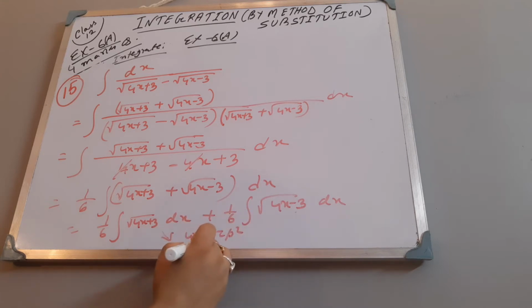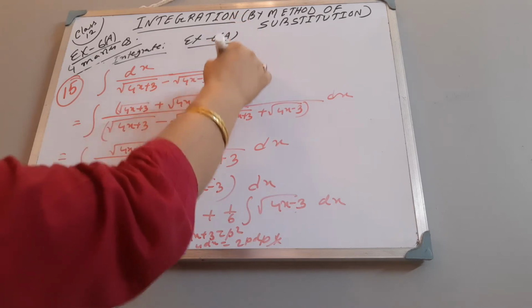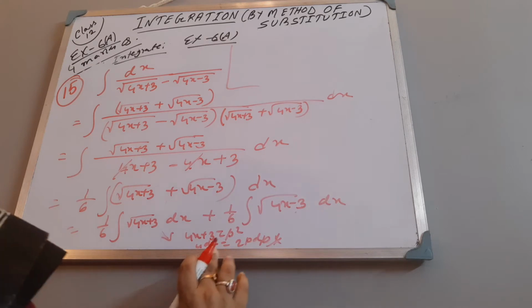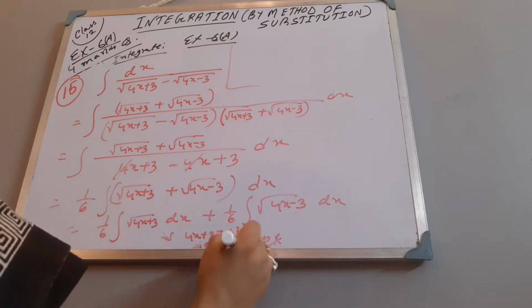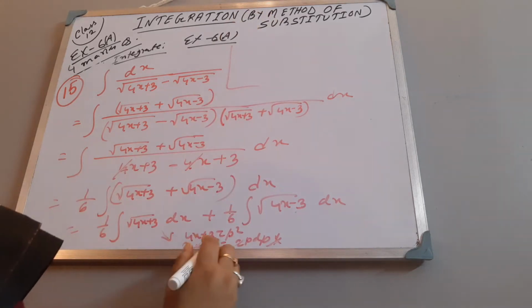Then 4 dx is equal to 2p dp, so cutting, dx will be p by 2 dp.